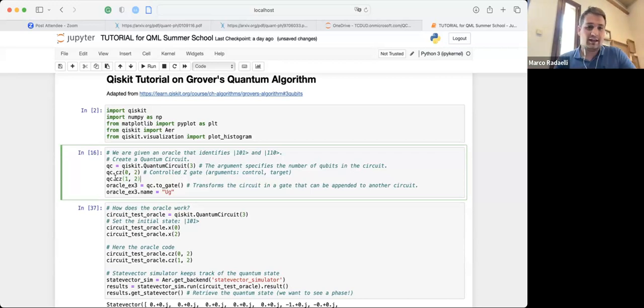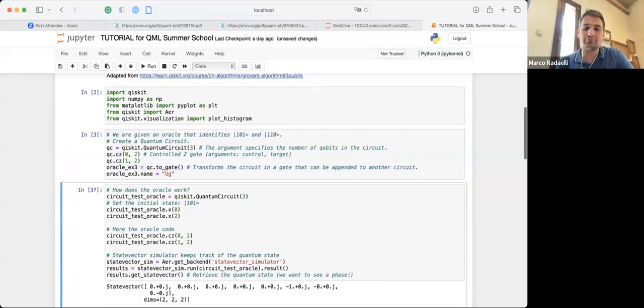Now we start creating the circuit which represents the oracle. And it has been found that this works if we do it like this. So this is a controlled phase gate, a control Z gate. This one is controlled by qubit 0 and acts on qubit 2. This one is controlled by qubit 1 and acts on qubit 2. And we just create a gate, so UG is the gate, that's the oracle gate.